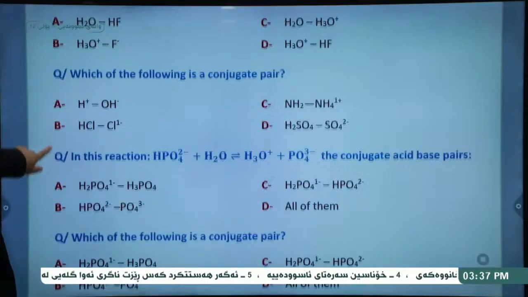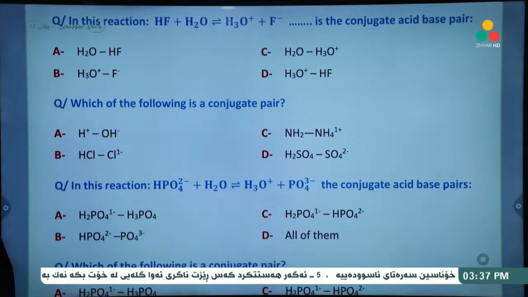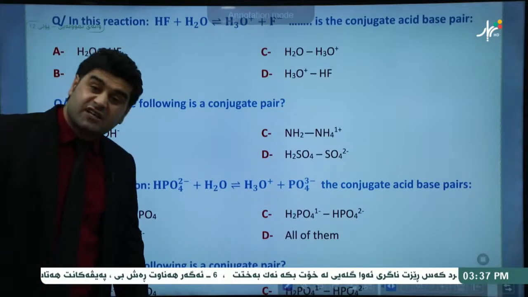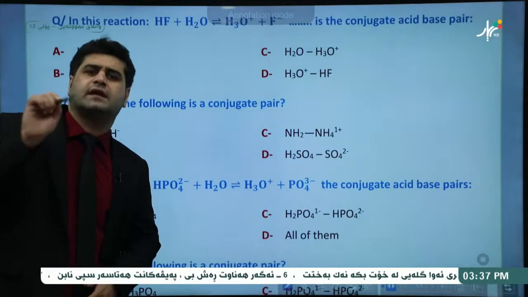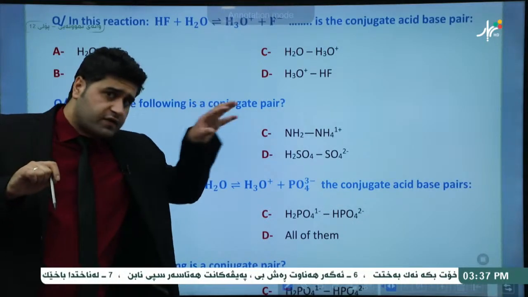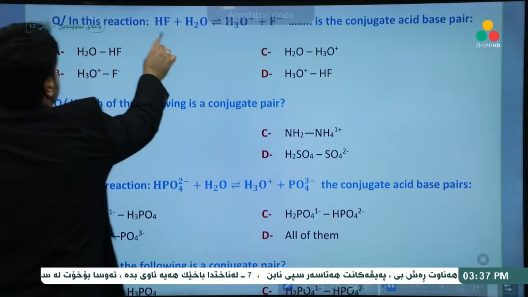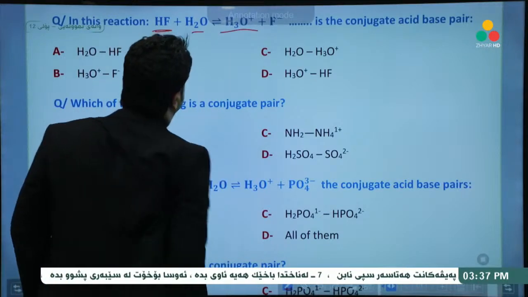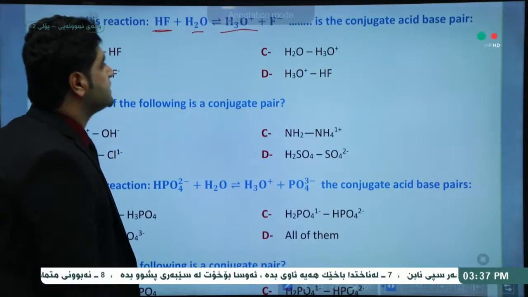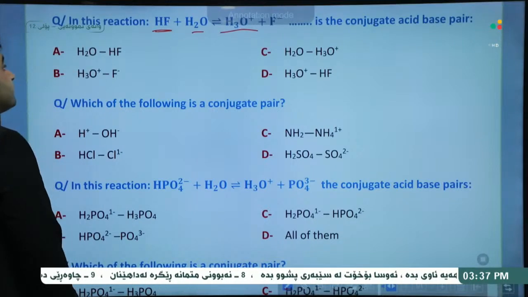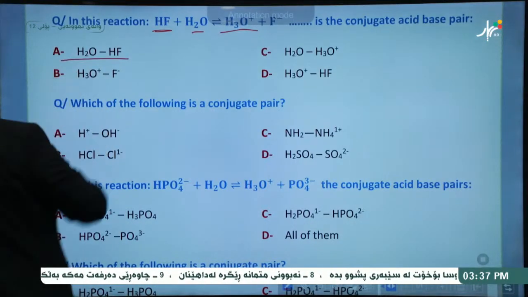Let's continue. Now, when a question says in this reaction, we should follow the reaction only. Don't forget. Look, in this reaction, HF plus H2O producing hydronium and fluoride. Is the conjugate acid-base pair H2O and HF?